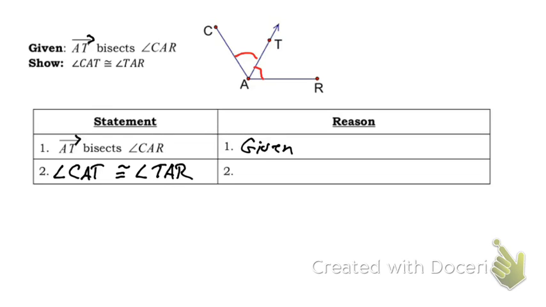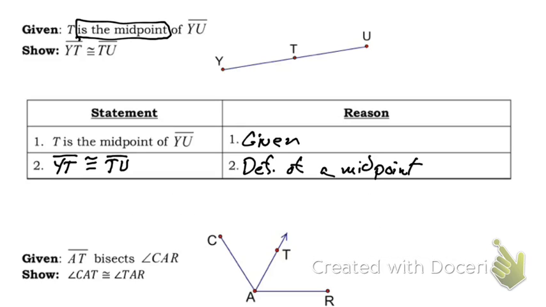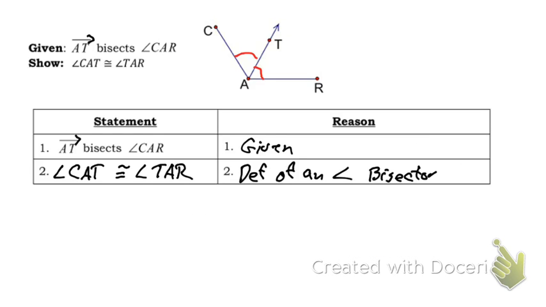And that was because I went straight to the definition of what it means to bisect, and I can write that down. Definition of an angle bisector tells me that as soon as I say the word bisect, it bisects it into two congruent angles. Just like our segment bisector or a midpoint divides it into two equal and congruent segments.